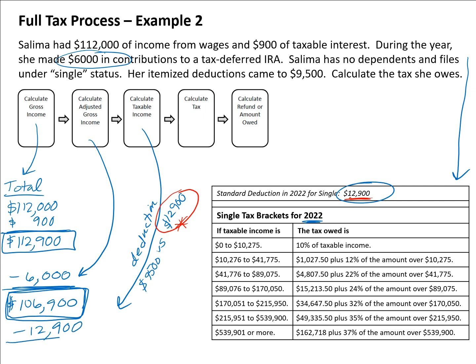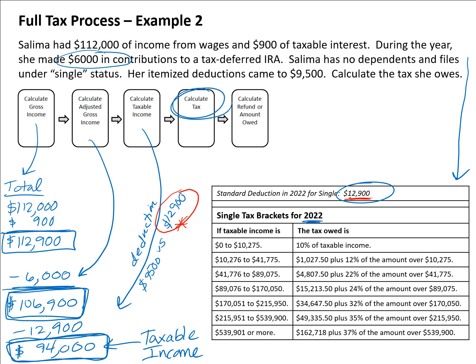Sometimes it's better to do standard, sometimes it's better to do itemized. You just need to actually compare to see which one. So if I subtract $12,900 from what we had before, I will get $94,000 even in taxable income. Once we have the taxable income of $94,000, we can then go to step 4, which is calculating the tax with the tax table.